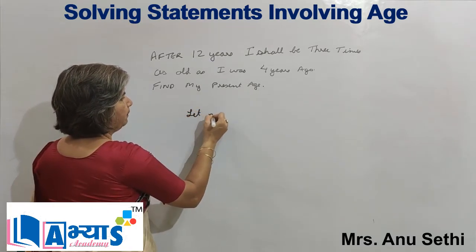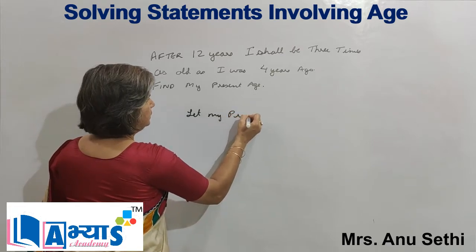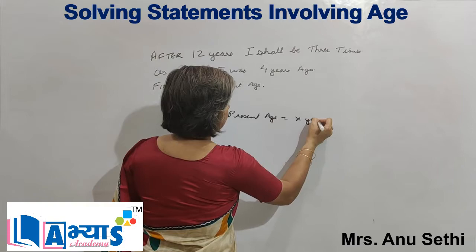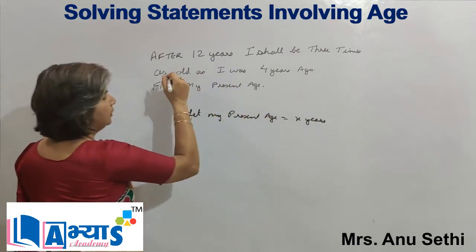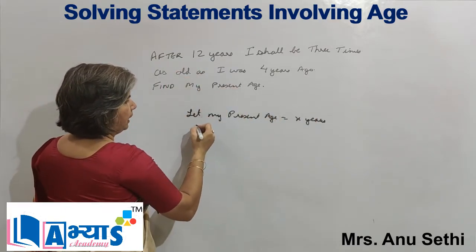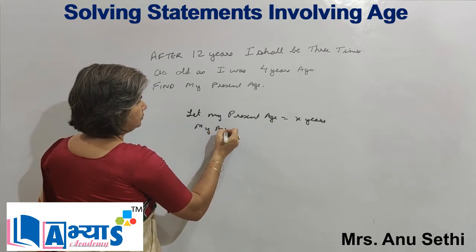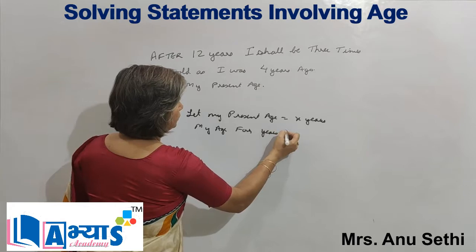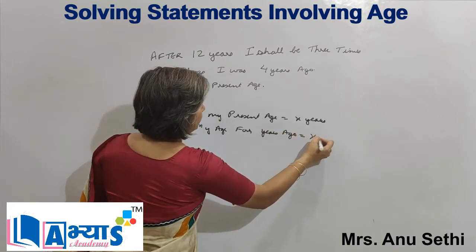Let my present age be equal to x years. Now my age 4 years ago was equal to x minus 4.